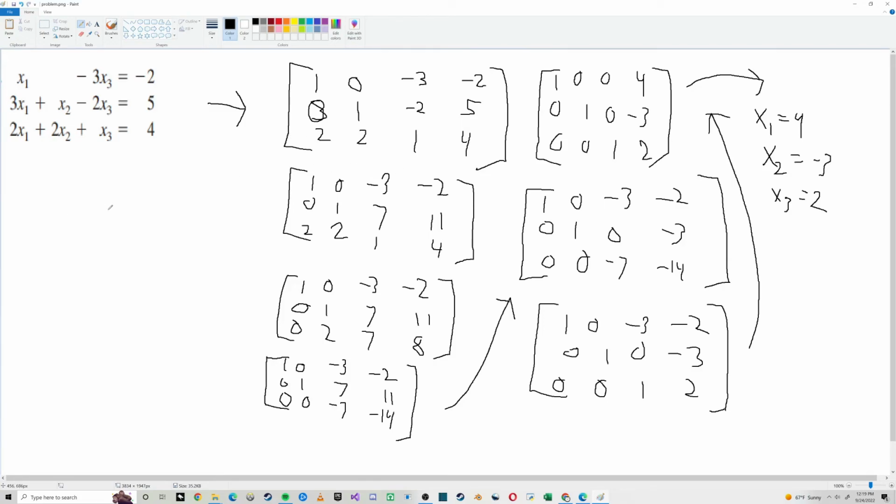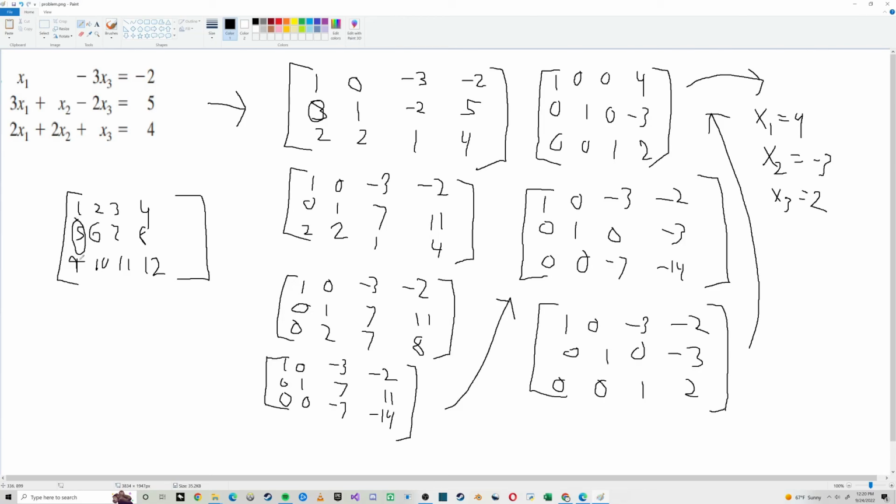So for the problems that you're doing at home that don't have these exact same numbers, let's say you have a matrix of some random numbers. For Gaussian elimination, we're always going to want to go in this order.